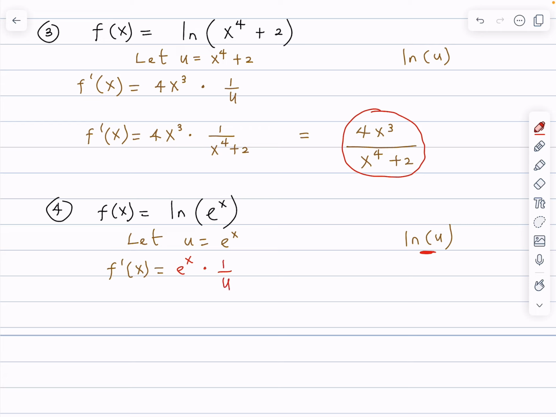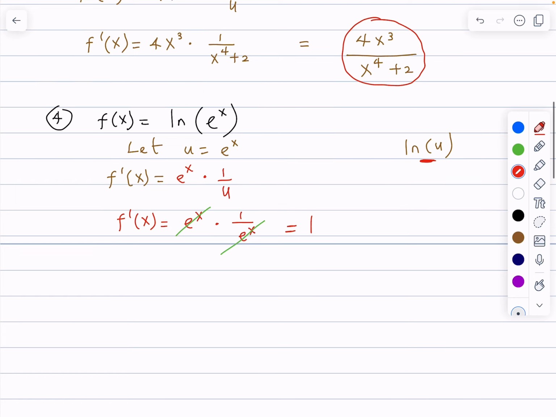However, in my original problem, there is no u there. So f prime of x is just e to the x times 1 over, what is u? u is e to the x. So this e to the x can cancel this e to the x, and I'm left with 1. So the derivative for this function is equal to 1.